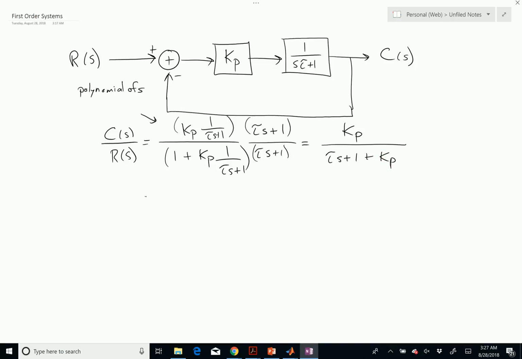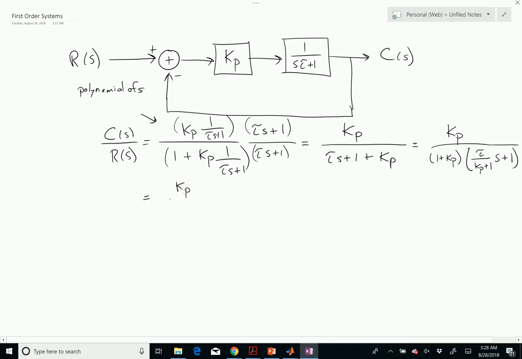Now I'm going to rewrite that guy. What I'm going to do is factor out a 1 plus Kp on the bottom, okay? So that's going to make this tau over Kp plus 1 S plus 1, right? You guys can stare at that later to see how that makes sense.